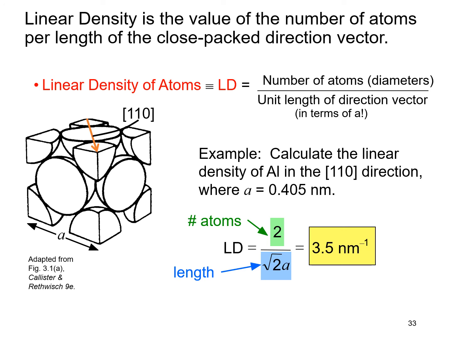In other words, the linear density of the atoms is the number of atoms, or the diameters, along the close packed direction per unit length of that direction vector in terms of A. For example, when you calculate this one, the aluminum in the 110 direction, we have a unit cell A value of 0.405 nanometers. You can calculate the linear density of this material to be 3.5 per nanometer.